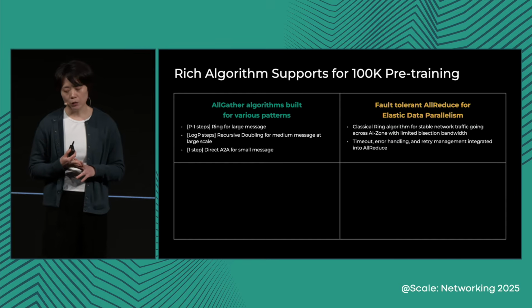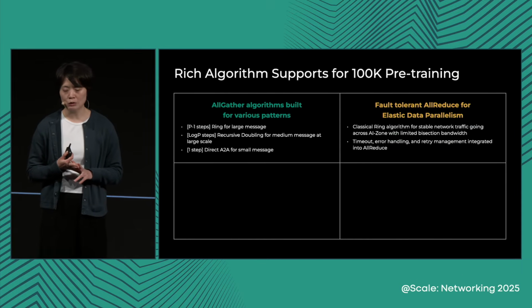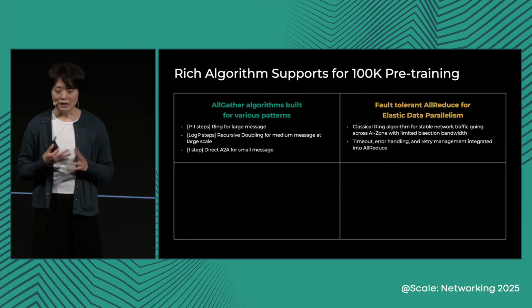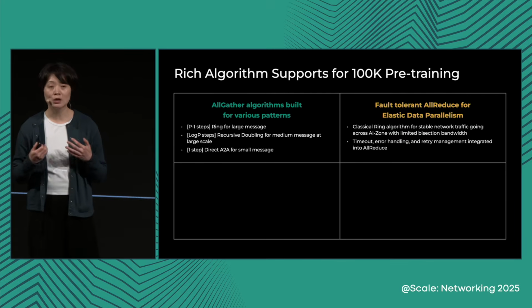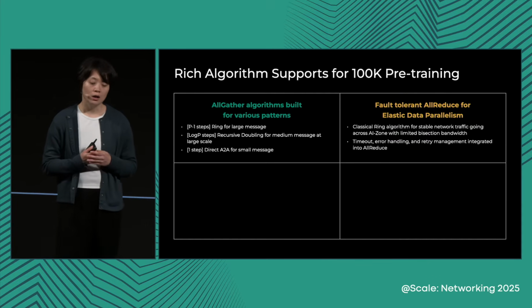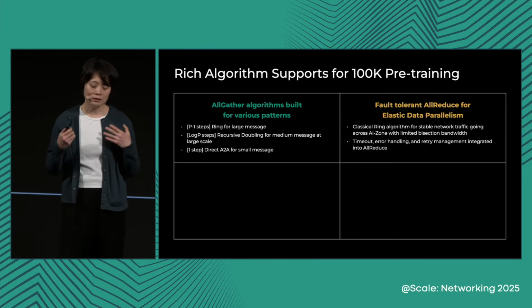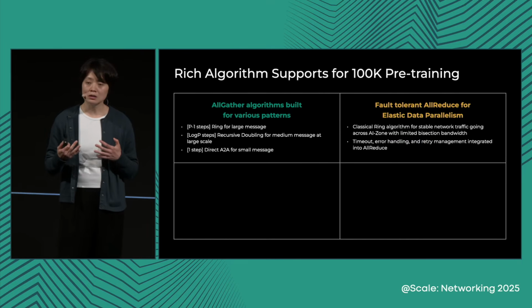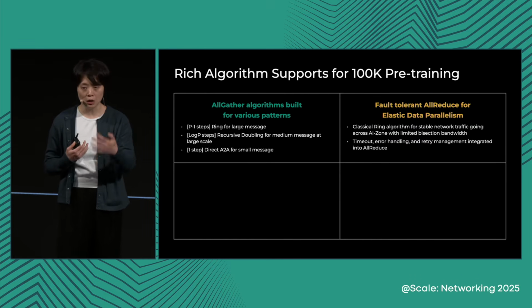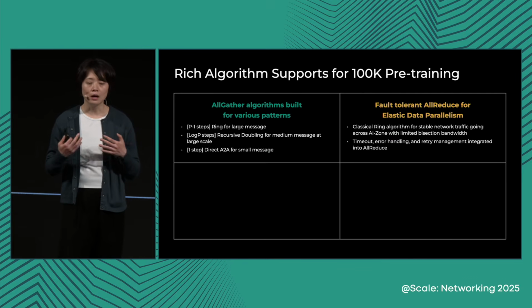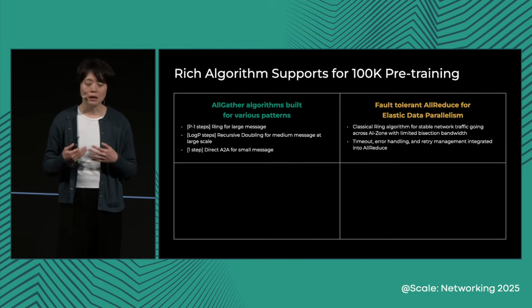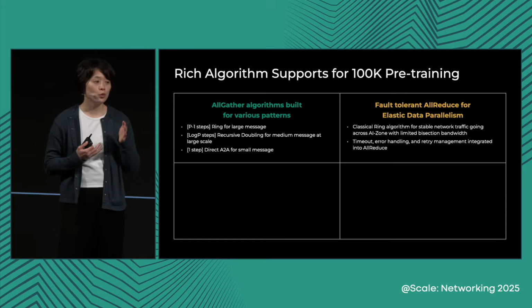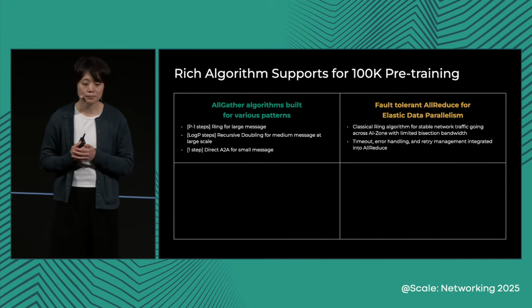The other example we would like to demonstrate is that at 100K pre-training, we may want to enable elastic training. What that means is you want the full model to continue training even when some hosts fault and shut down, and you want the training to keep going. Whenever the lost hosts come back, they can speed up the training, but there is never a time that you shut down the full training.